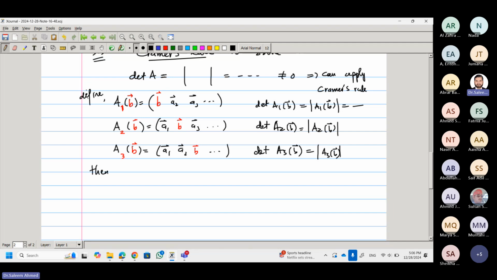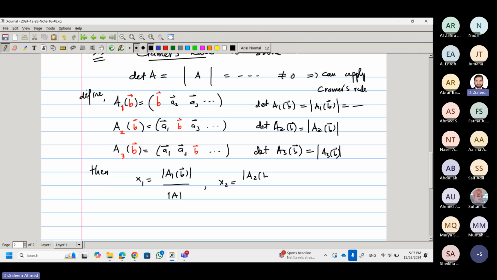Then Cramer's rule says that your first value x1 is equal to the determinant of A1 divided by the determinant of A. That's why we said the determinant of A should not be equal to 0, because we are dividing by it.